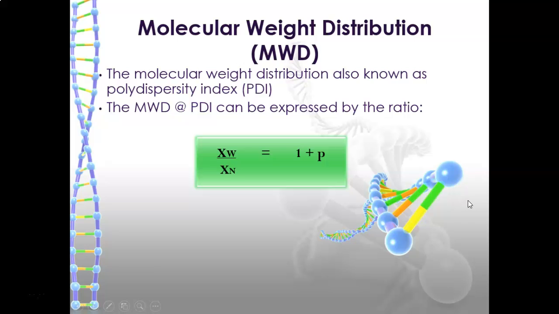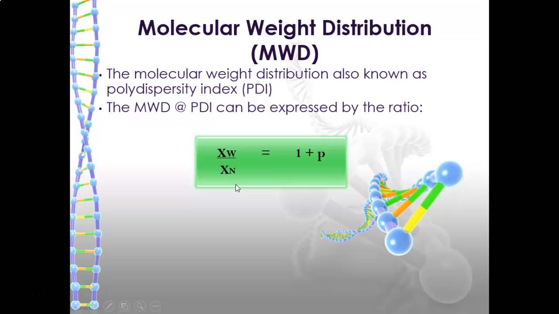And the molecular weight distribution, also known as PDI, is Xw over Xn, equal to 1 plus p. So if the question asks you to calculate the MWD or PDI, you must know the values of Xw and Xn so that you can get the p value or the MWD.